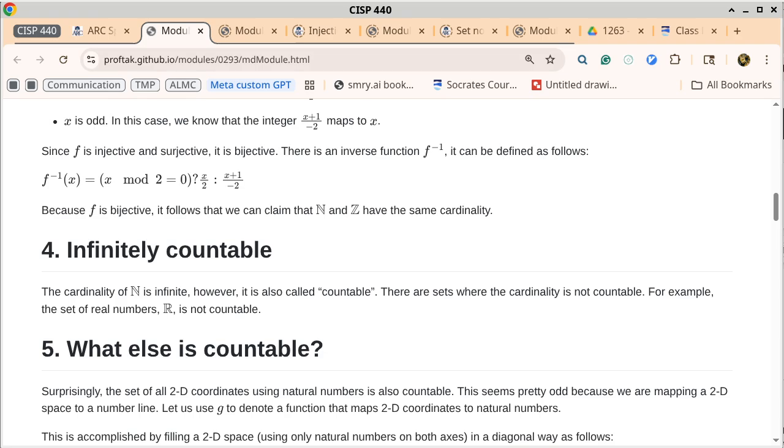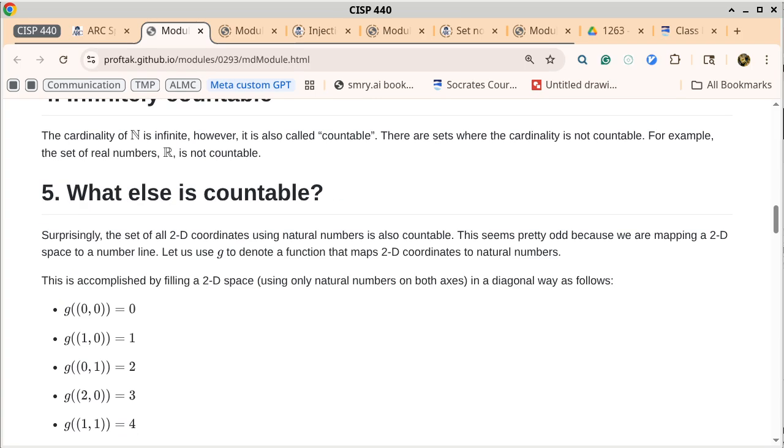There are sets where the cardinality is not countable. For example, the set of all real numbers is not countable. Essentially, we have certain classes of sets, and there are many classes that share the same property as the set of all natural numbers. Everything that has a cardinality of aleph null is known as infinitely countable.